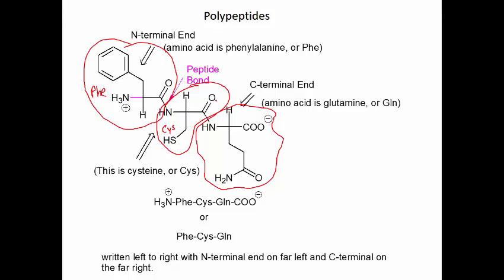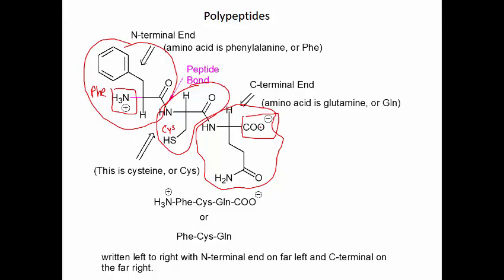All right, so notice how in the phenylalanine we have a free amine group. This nitrogen does not have a C double bond O attached to it. And at the opposite end, we have a free carboxylic acid group. Okay, and this carboxylic acid group, again, does not have a nitrogen attached to this carbon.